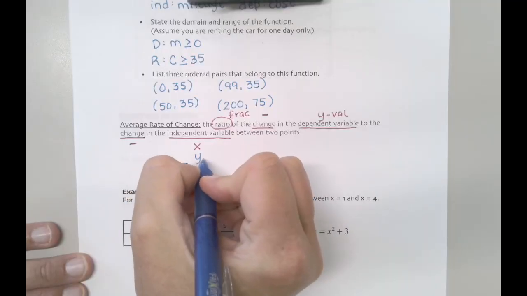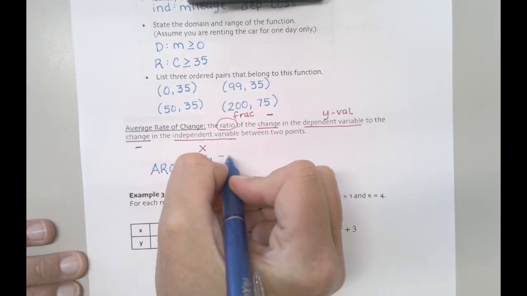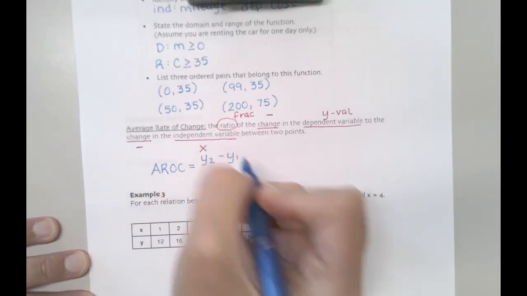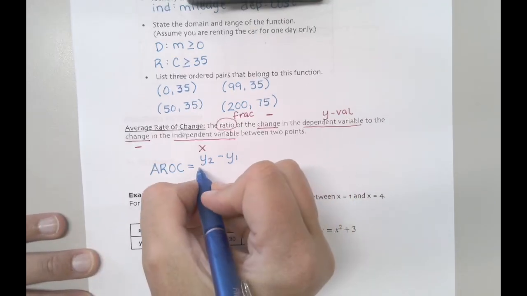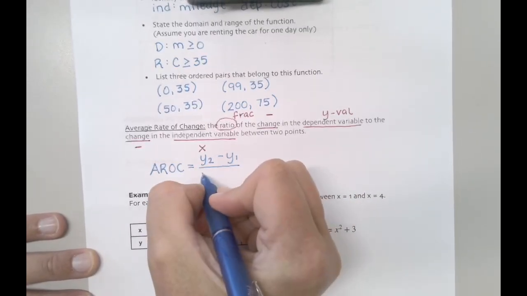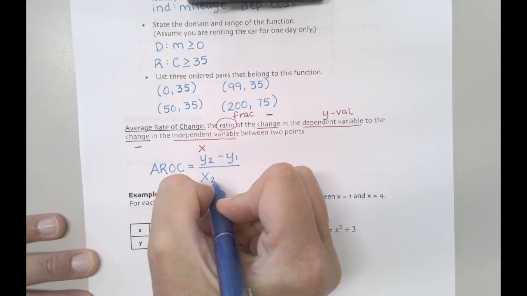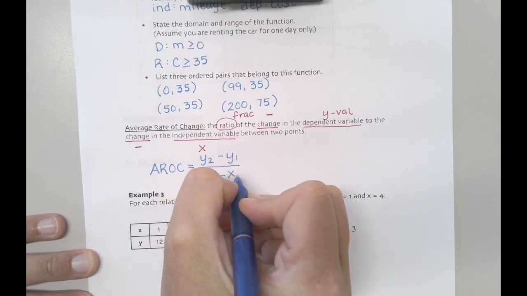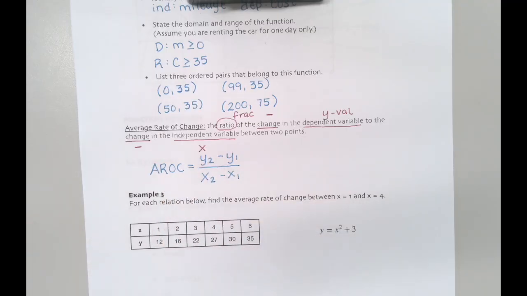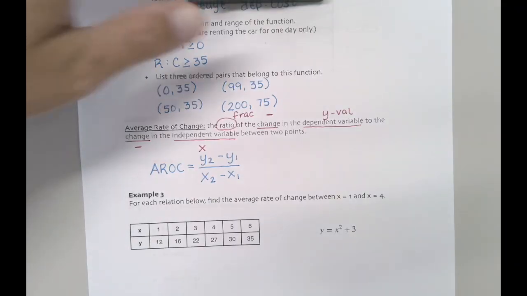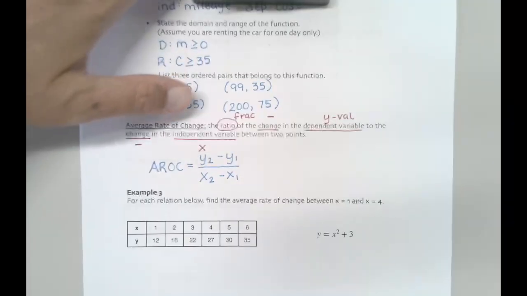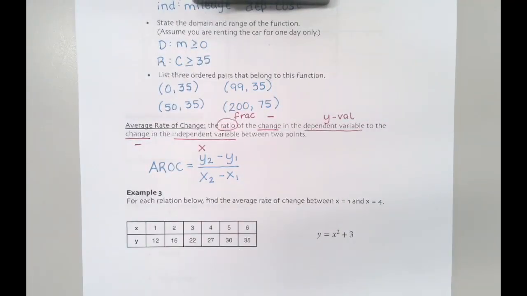If I have two y values, I'm going to take the second one and subtract the first one, and then make a ratio with the change in the x values. And hey, that should look familiar to you. I hope your brain is screaming at you, wait a second, that's just slope. And that's absolutely right. Slope is a measure of the average rate of change between 2 points. That's all it is. So when we talk about average rate of change, you're using the slope calculation.